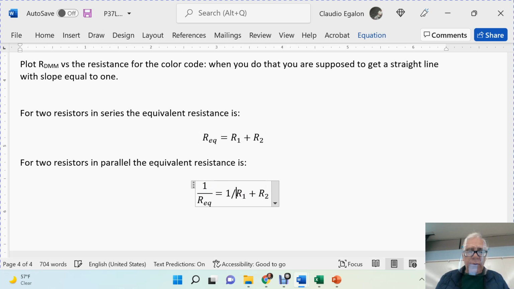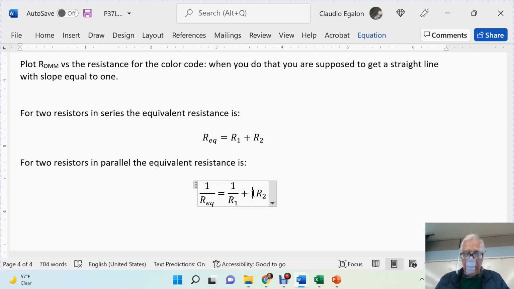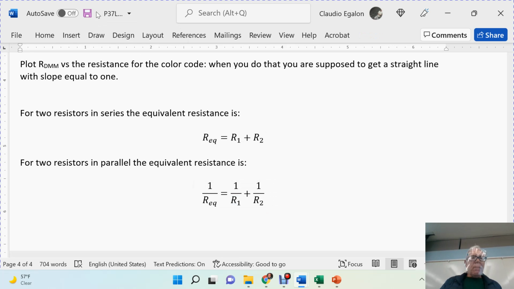The inverse is equal to the sum of the inverses. Can you remember that easily? Okay. So that's what we have.